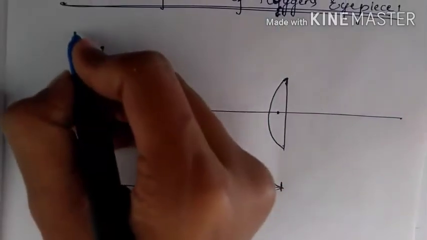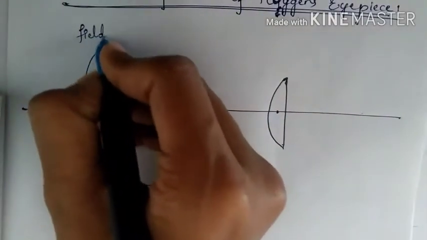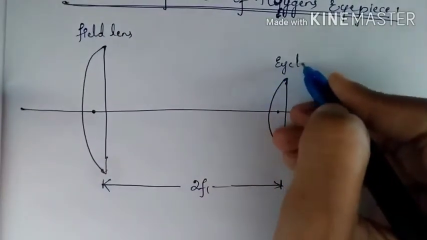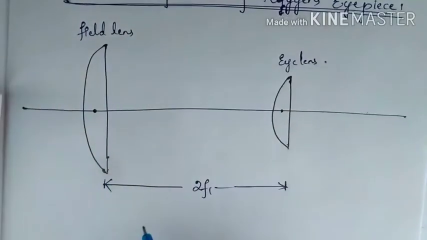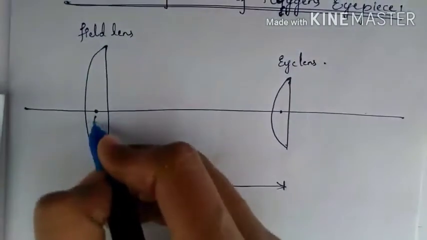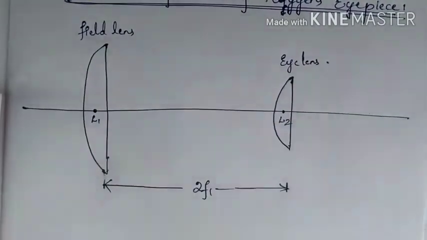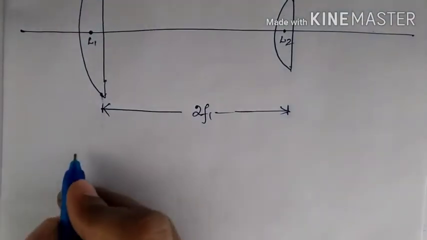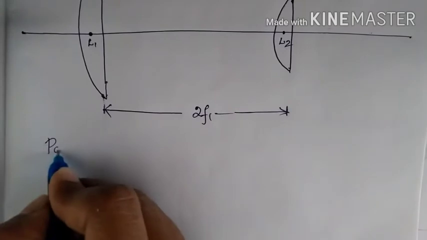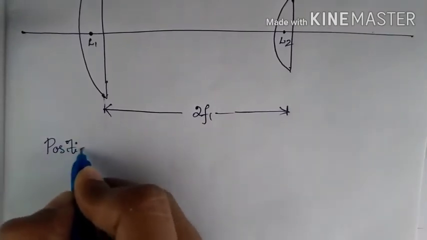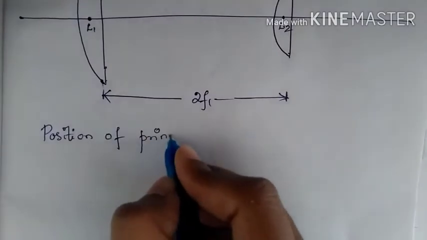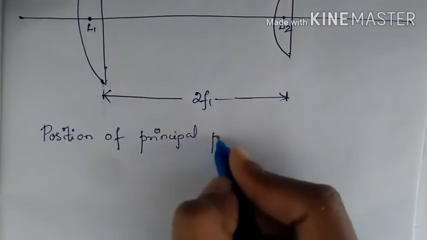So this is field lens, and this is eye lens, and this be L1 and this be L2. So now next, the position of principal points.